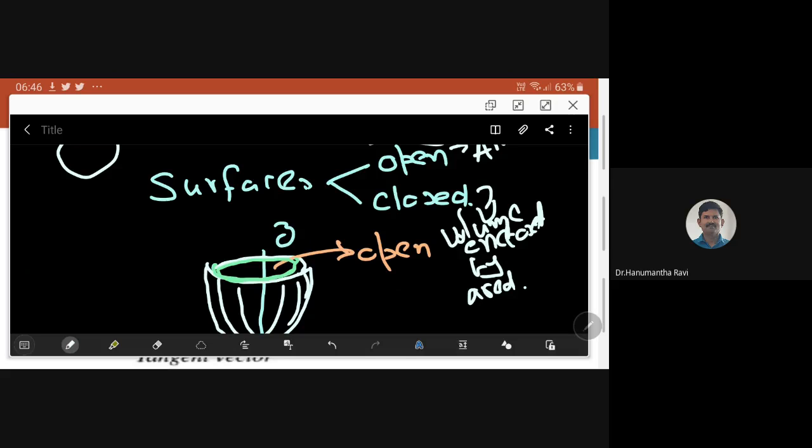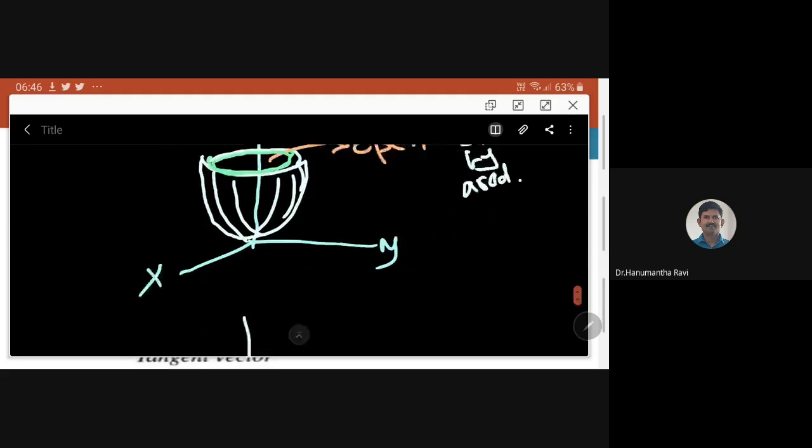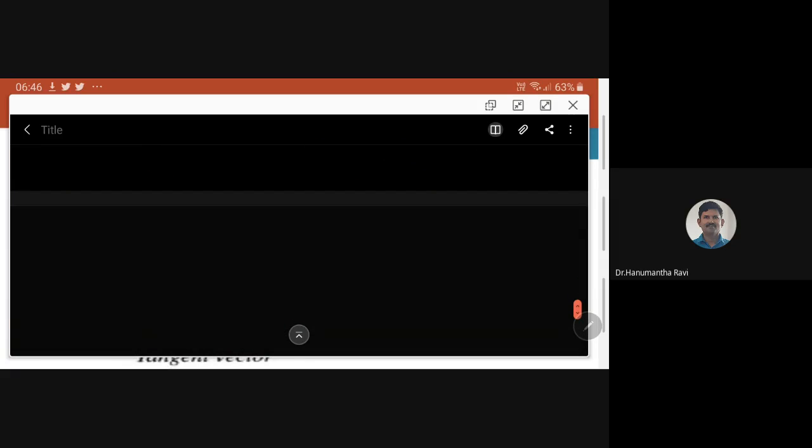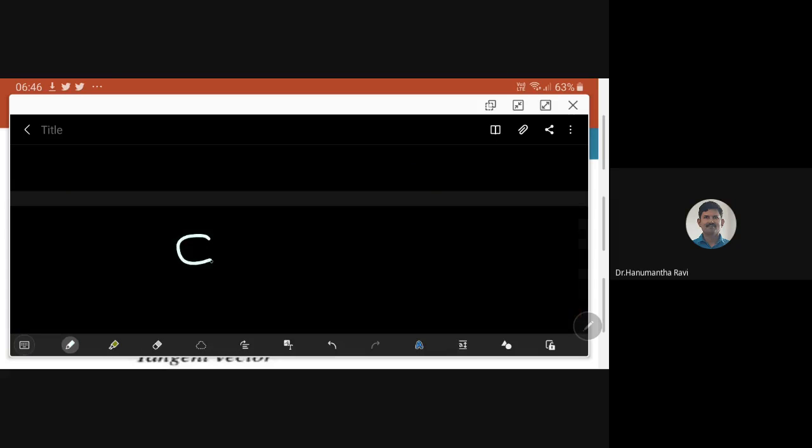So whenever we are talking about a curve, it has endpoints, so length.